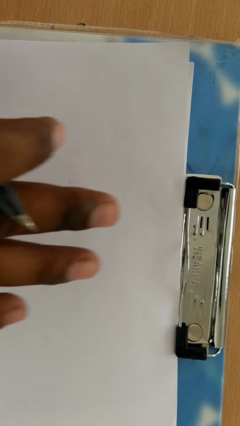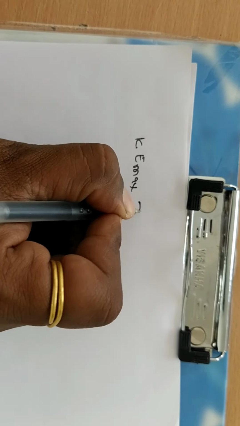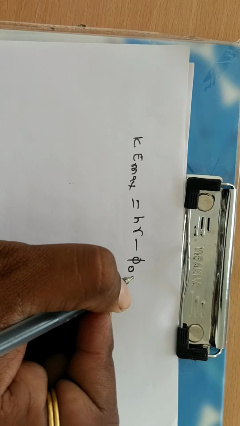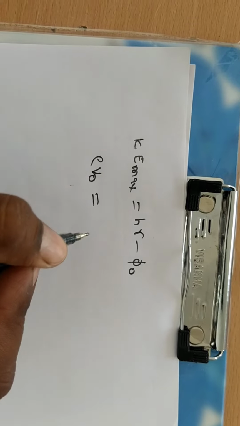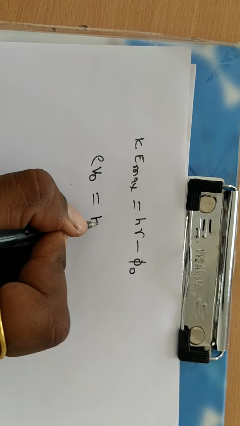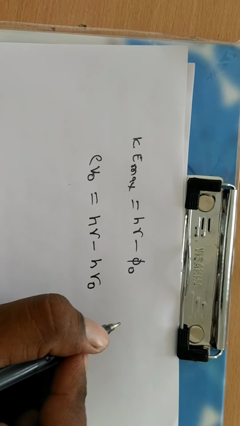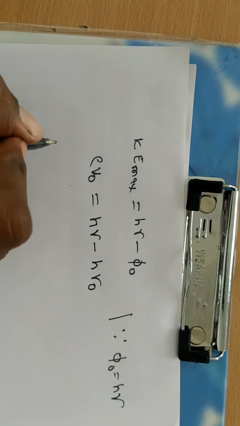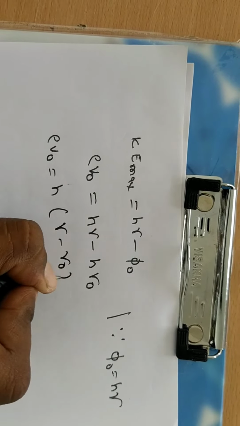Next, apply the formula. Kinetic energy maximum is equal to h nu minus work function phi naught. In the place of kinetic energy, we consider e V naught, and h nu minus h nu naught, because work function phi naught is equal to h nu naught. e V naught is equal to h times nu minus nu naught.